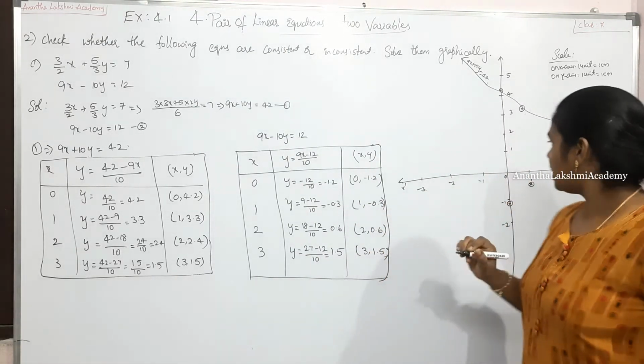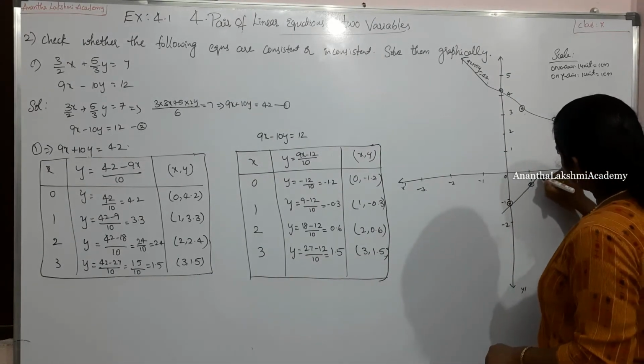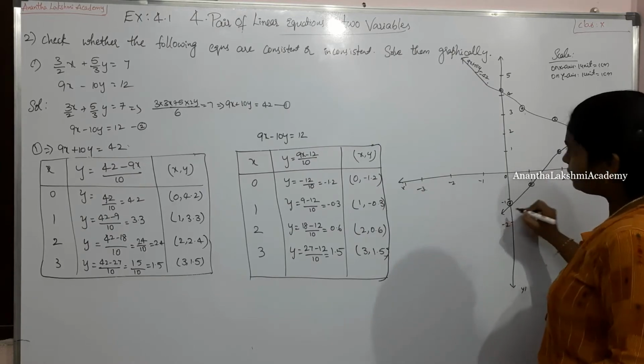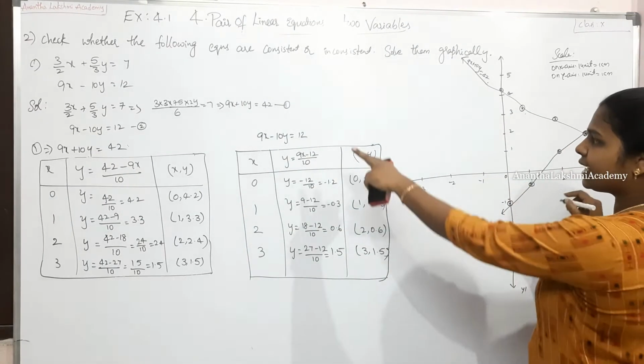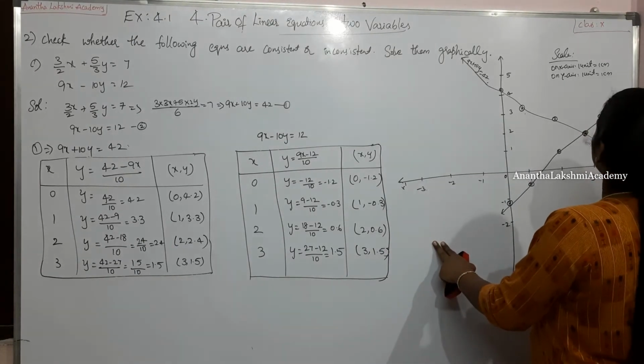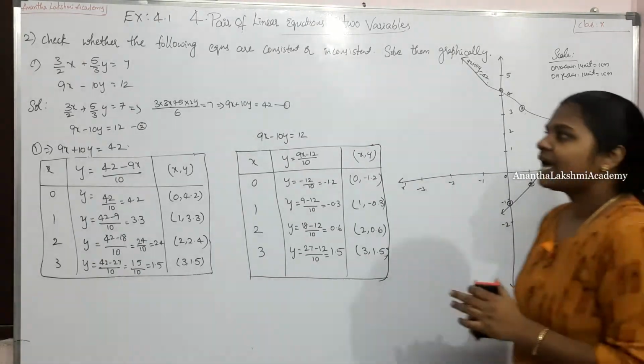So let me draw a line joining these dots. So this is what 9x minus 10y is equal to 12. Alright. So what do we have here?